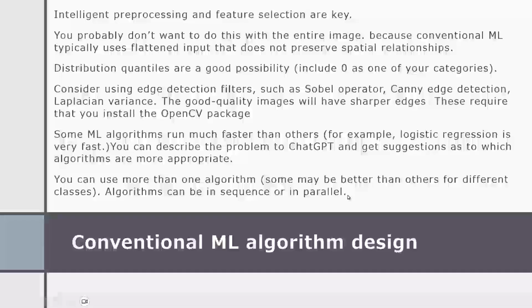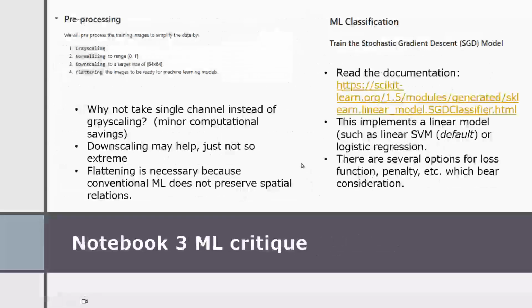That's something like random forest, right, where you do multiple classifications and then take a majority vote. But you can be creative here. You don't just have to use a single algorithm. You can combine them. And if you're using conventional machine learning, these algorithms run fairly fast. So quite possibly you can do several of these for the same computational cost that you could do a single deep learning or neural network.